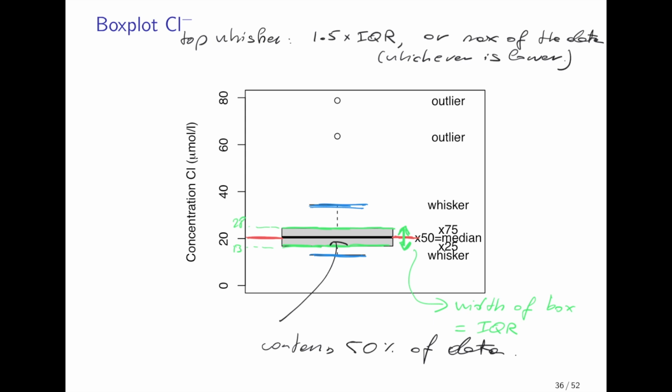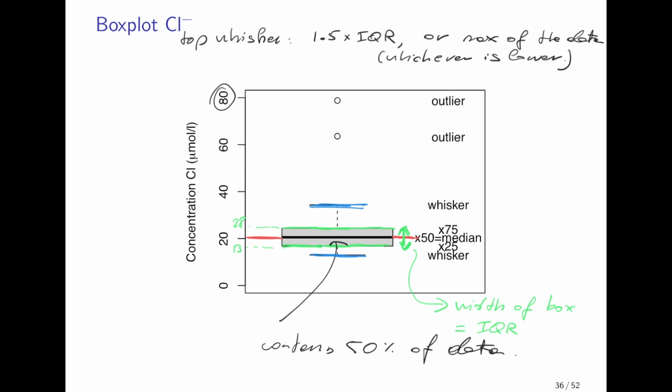So for chloride, we knew that there were some really large chloride values in the range of 80. So our maximum is 80. Our interquartile range is the green arrow that I've shown you. 1.5 times that is a little bit larger. So whichever quantity is smaller, in this case, it is 1.5 times the interquartile range.